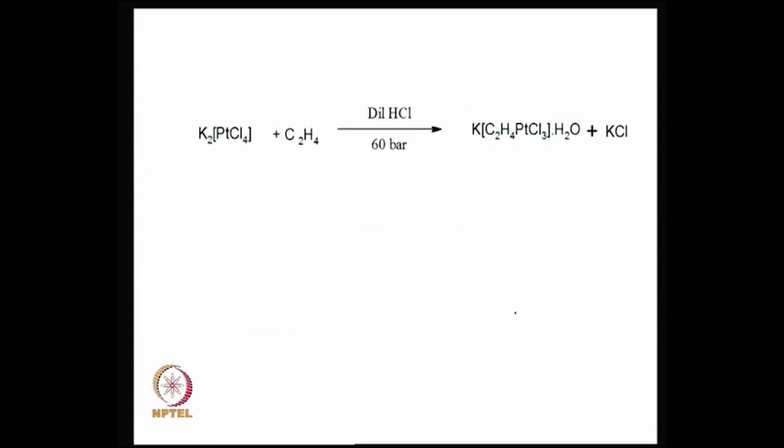Now, the most famous olefin complex that is available in the literature is what is called the Zeise's complex. The Zeise's complex is in fact a very strange complex that was accidentally discovered by Zeise when he boiled potassium tetrachloroplatinate with ethanol, and finally, it was found out that it was an ethylene complex that was present in the product.